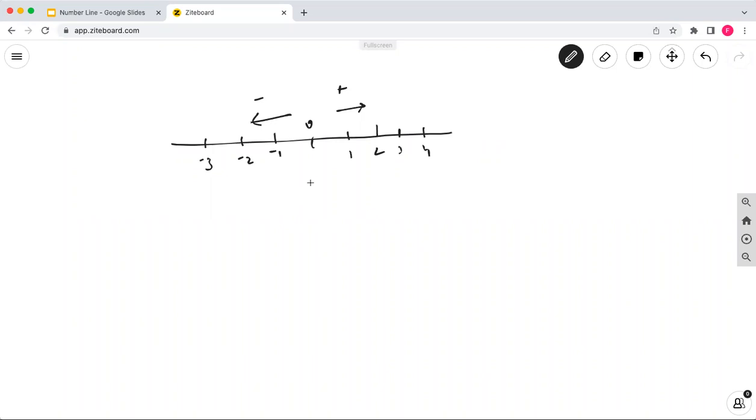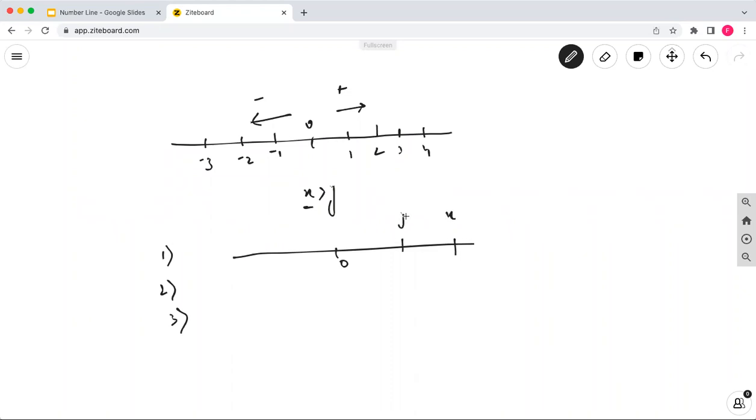Okay, if I want to represent x is greater than y on the number line, how can I represent it? There are three possible scenarios. If I consider both of these positive, both must be on the right side, and as we already know, the right side is always greater than the left side. Since x is greater than y, this will be x and this will be y.